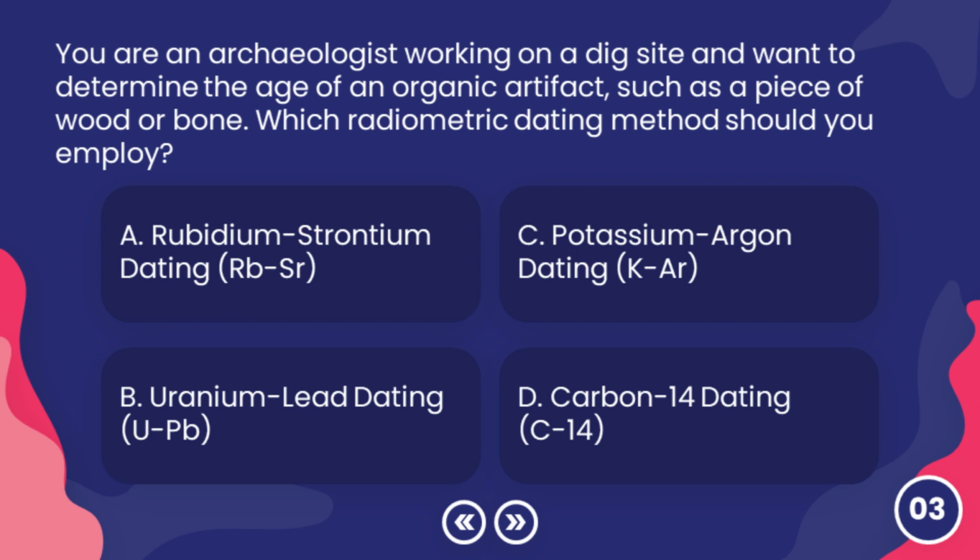Question number 3. You are an archaeologist working on a dig site and want to determine the age of an organic artifact such as a piece of wood or bone. Which radiometric dating method should you employ?